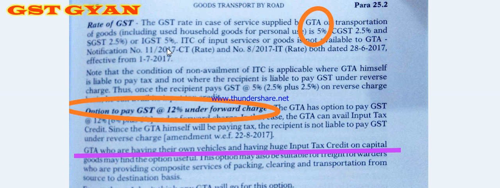Intrastate means, suppose the transportation company is in Uttar Pradesh or Bihar, and the delivery address is in the same state, so it will be intrastate. If the delivery state is different from the transportation company's state, it will be IGST. So the rate is 5%.